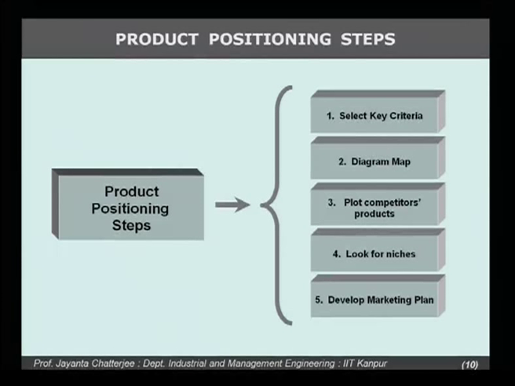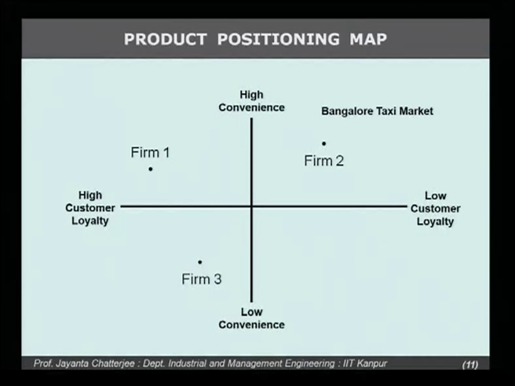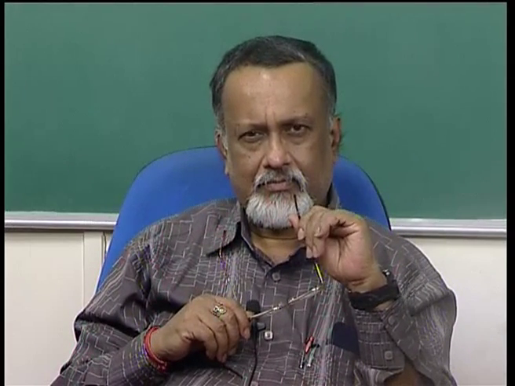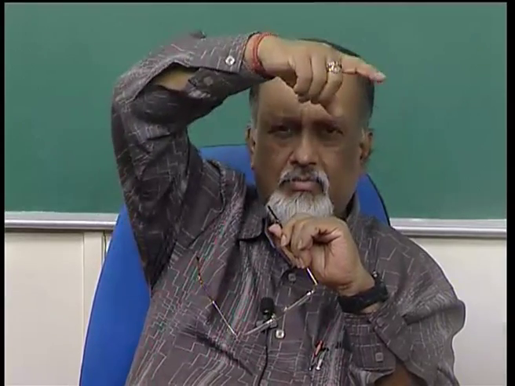Many of these diagrams we have introduced to you before, like this is a product positioning map, but in the last session we discussed using the same positioning strategy for locating a hotel, taking moderate cost to high cost on one axis and location convenience or feature on another axis.